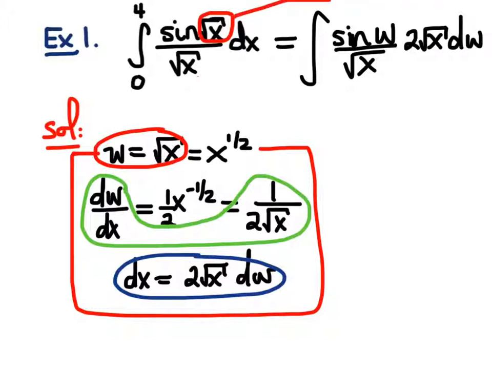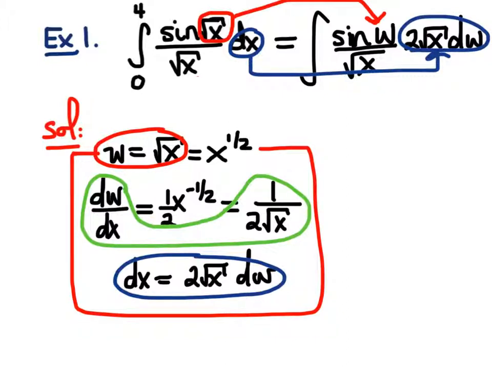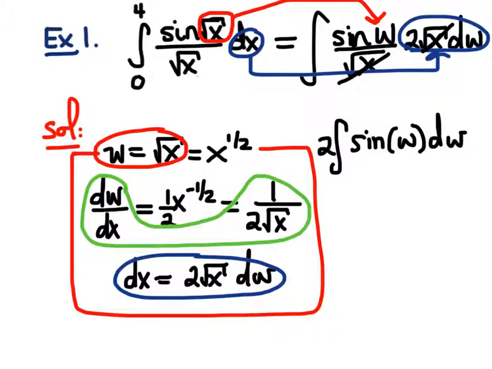So the w substitution was made here, and the dx substitution was made here. We notice that that cancels the root x's, and we're left with 2 times the integral of sine of w, all with respect to w.